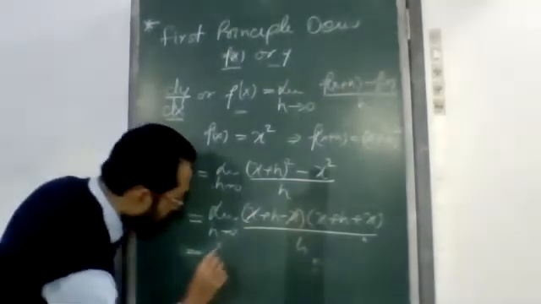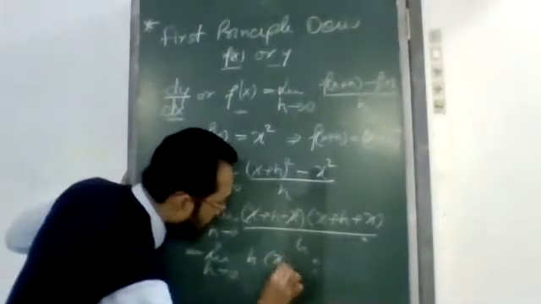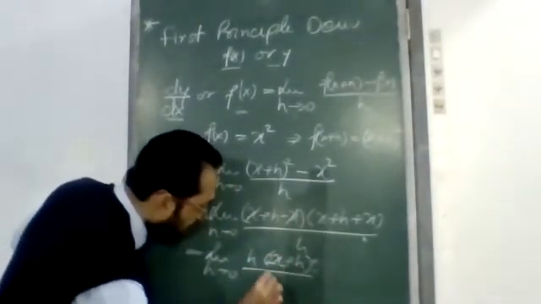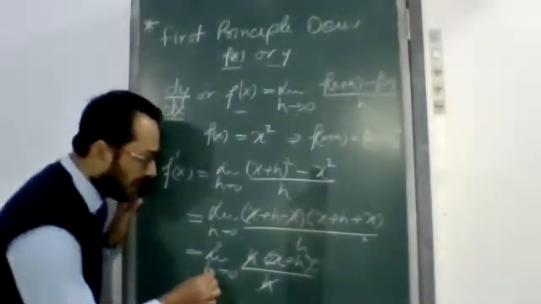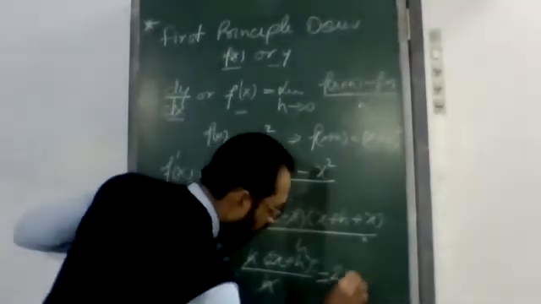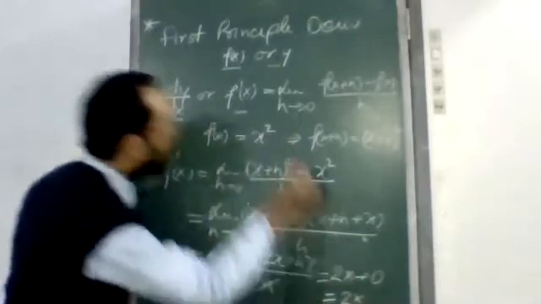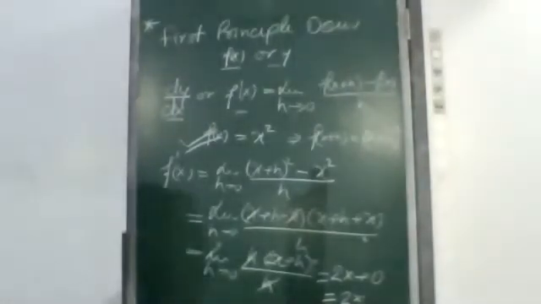We are getting limit of h tends to 0, h into (x plus h plus x), which will be 2x, whole upon h. This h to h cancels. Now if we put h as 0, 2x plus 0, the result is 2x. So the derivative of x square is 2x.